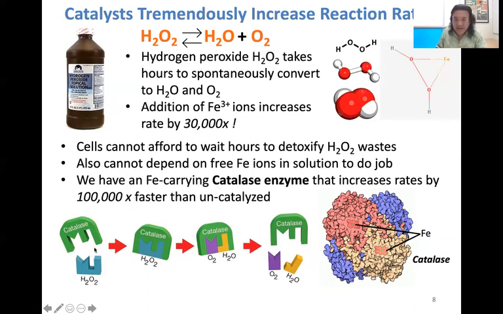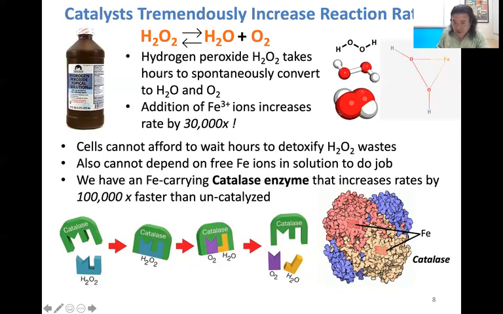What that catalase enzyme does is represented here by the shape. It's the right shape to bind to peroxide, and by binding to peroxide, it accelerates the ability of iron to come in contact with it. Why? Here is the structure of the catalase enzyme. You can see it's a quaternary structure.